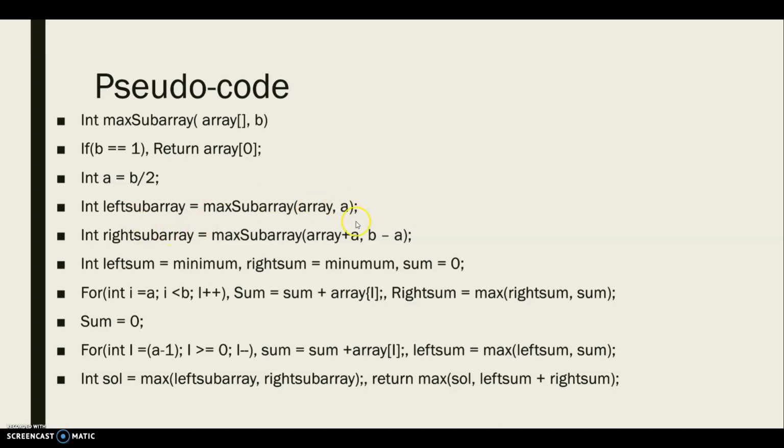You look for the minimum, which is supposed to be the smallest possible integer. Then we have my two loops, loop 1 and loop 2. And then you have your solution, which is the maximum of the left and the right.